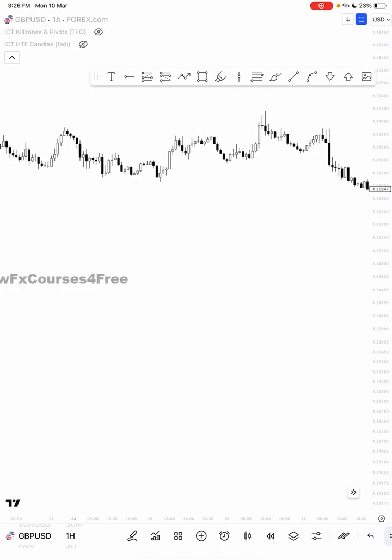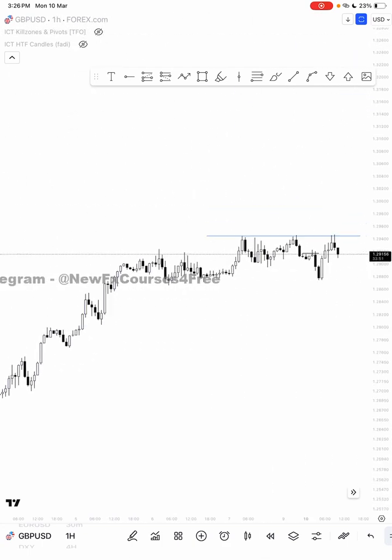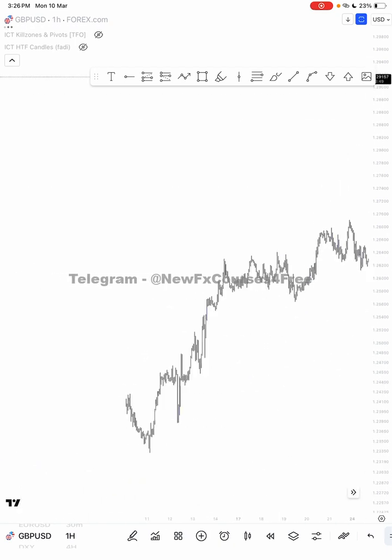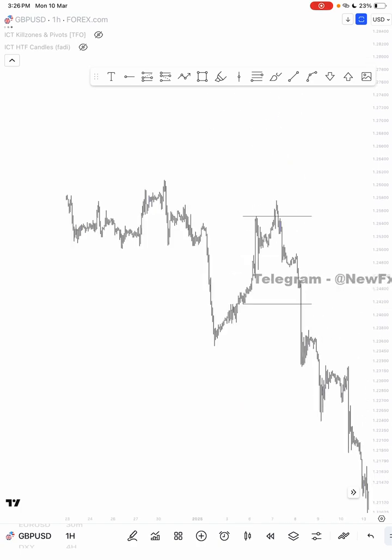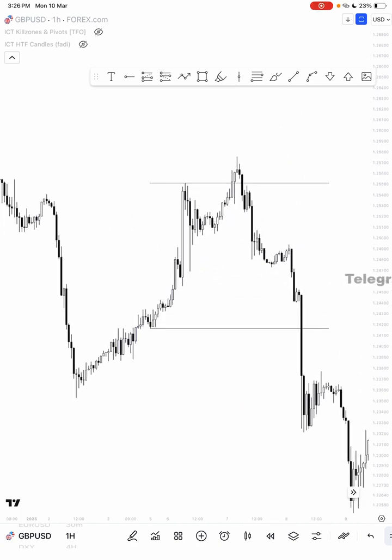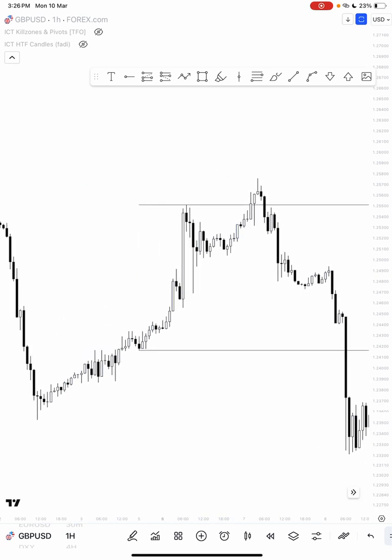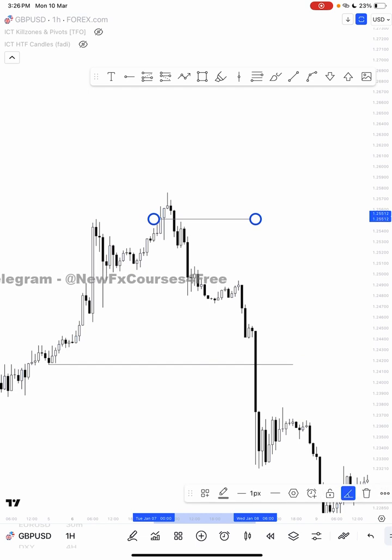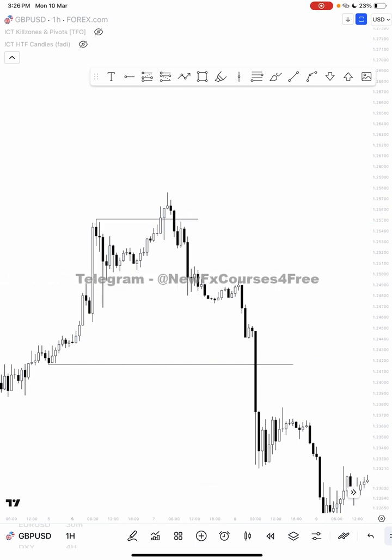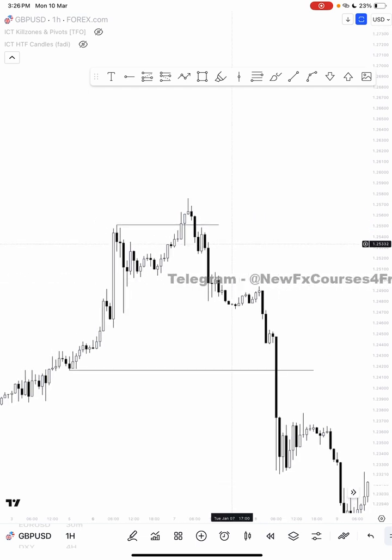So let me decipher Tuesday's action first. So here, pop above your old high, then you got your first leg of expansion, range, manipulation, trend, range, trend.